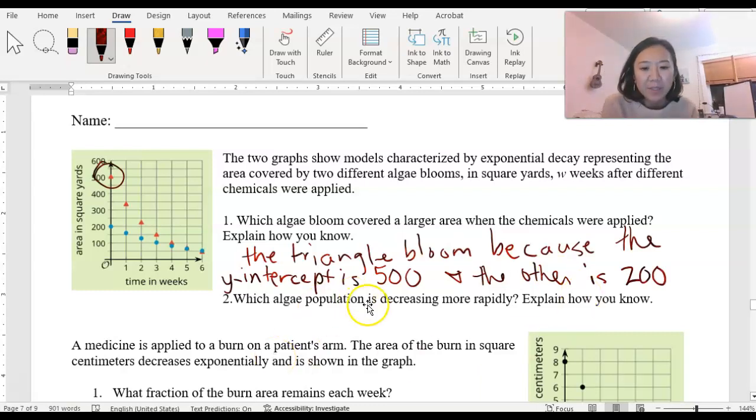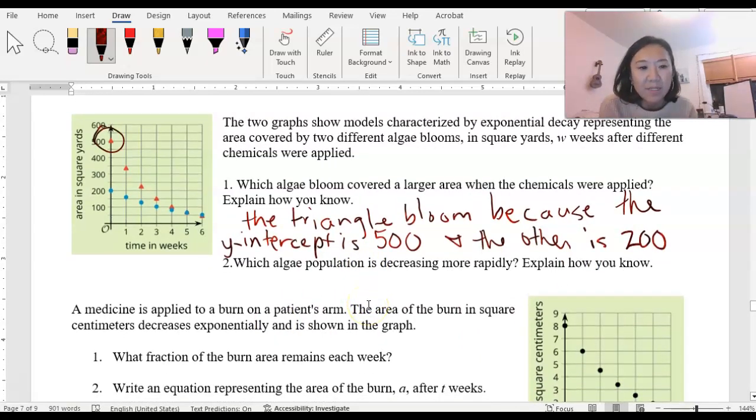Which algae population is decreasing more rapidly? Explain how you know. To figure that out, we're going to need to look at what the factor is. Just by looking at the graph, it appears that the triangle one is decreasing more rapidly, but let's take a look at the factor here. At the first week, it's about, let's estimate, 340, and the initial amount was 500.